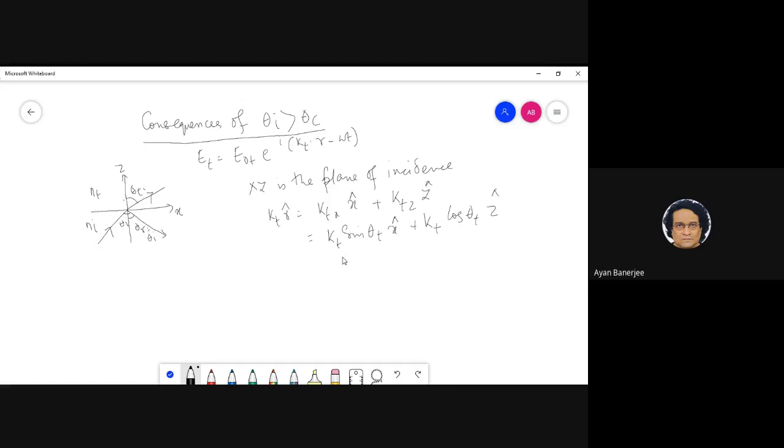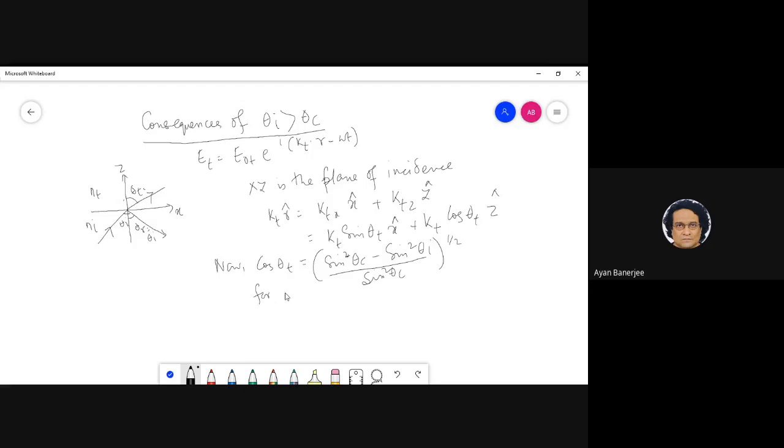Fine, right? Now you know that cos theta t is nothing but sine square theta c minus sine square theta I, by sine square theta c, half.